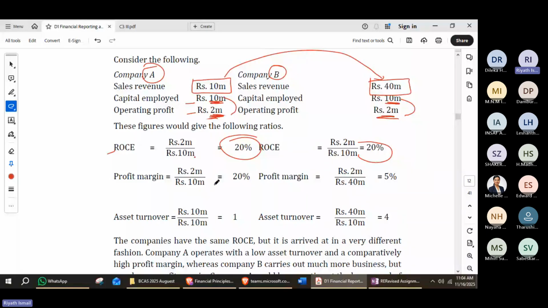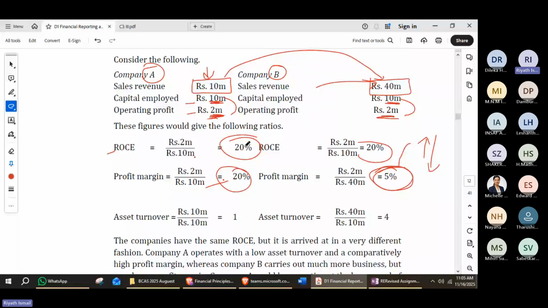When we look at the profit margin, company A gives you 20%, because of the high profit margin. Therefore they lose a lot of sales, but they are able to maintain the margin because of the higher selling price. Now here the sales go up by 4 times, but the margin goes down to only 5%.